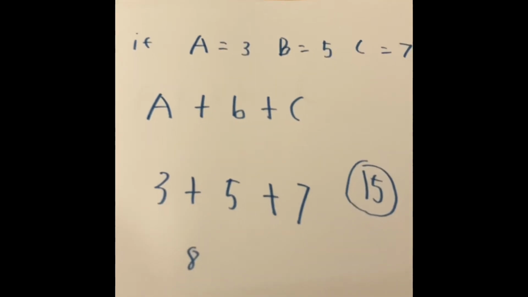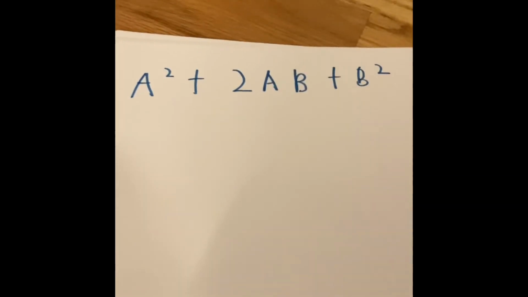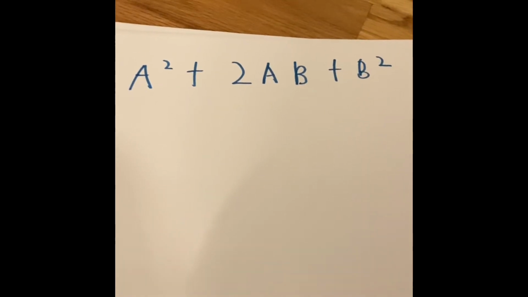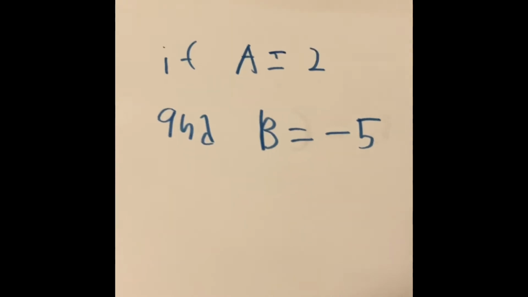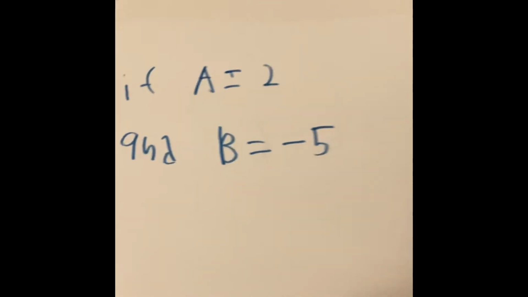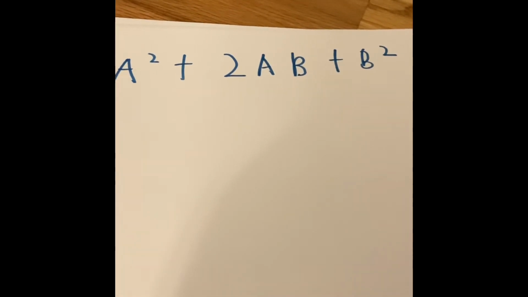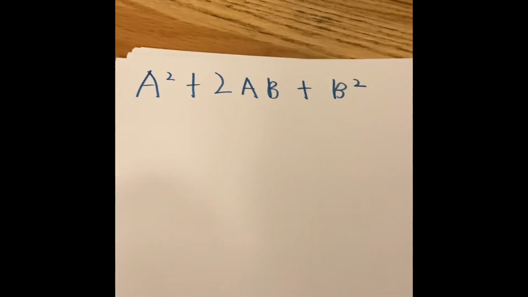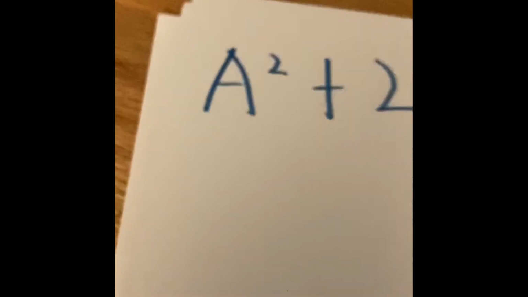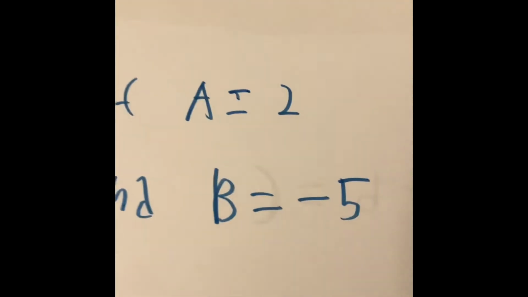Here's another example. It looks more advanced, and the values for A and B are going to change. What if A was equal to 2 and B was equal to negative 5? What would the equation look like if we insert the information into our equation? We have A squared at the beginning, and A represents 2.